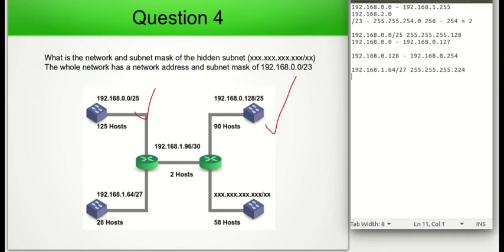So the range of addresses would be from 192.168.1.64 through 192.168.1. The next subnet in line would be 96, meaning that the broadcast address for this one is going to be one less than that, which should be 95.